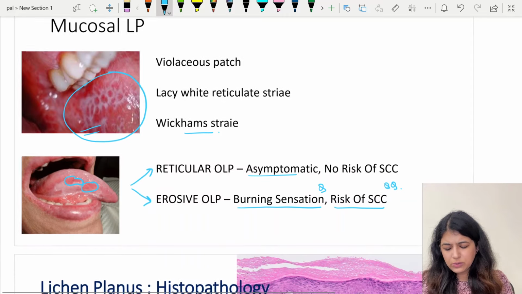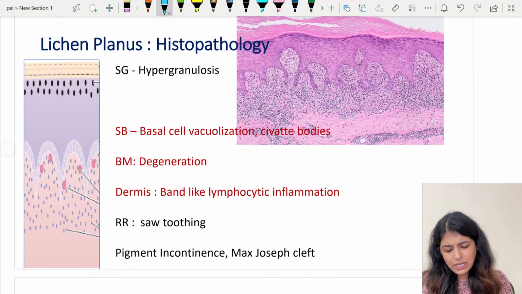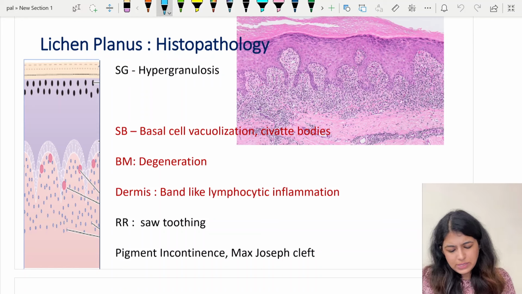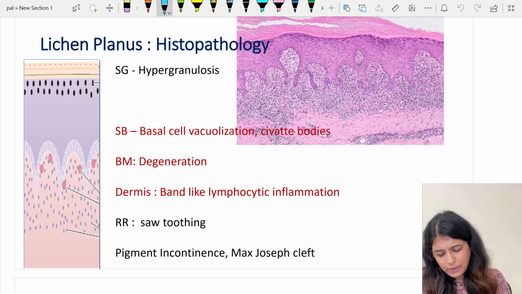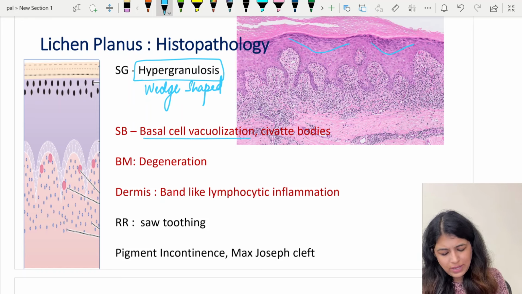So this is what you see in the mucosa. Then histopath of LP has also been asked multiple times. In fact, in the December 21 exam, it was there. So what do you see on the histopath? It's a classic example of hypergranulosis, which in LP is wedge shaped. Then in the basal cell, there is vacuolization.